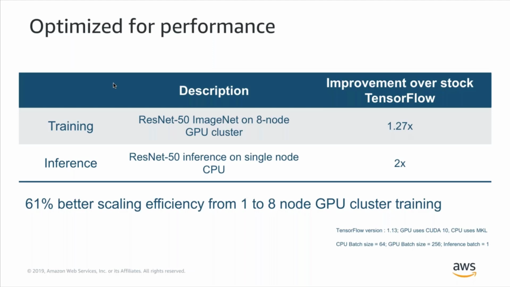On inference with ResNet 50, if you take a single CPU instance, you see a 2x improvement. And what that means is that when you use deep learning containers or the deep learning AMI or Amazon SageMaker, you benefit from all the optimizations, improvements, and testing that AWS makes to deep learning frameworks like TensorFlow. And these optimizations will both reduce the time to train as well as your cost to train.